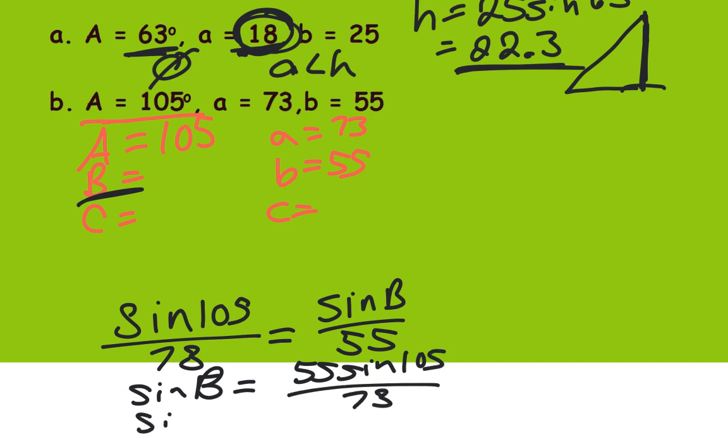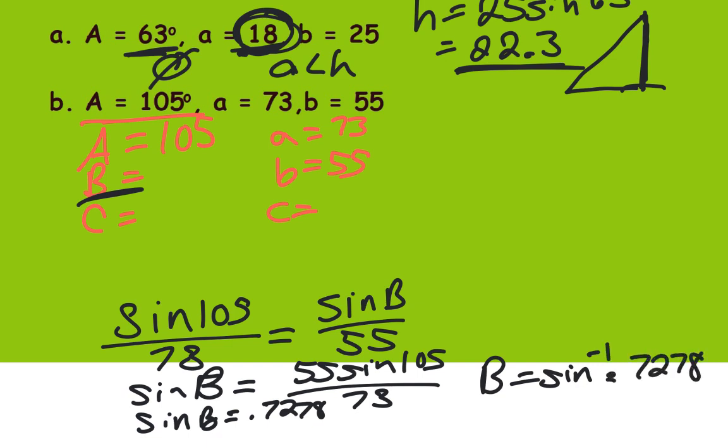So sine B equals 0.7278, and then B is equal to the inverse sine, or arc sine, remember that, of 0.7278, and I get that B is equal to 47 degrees.